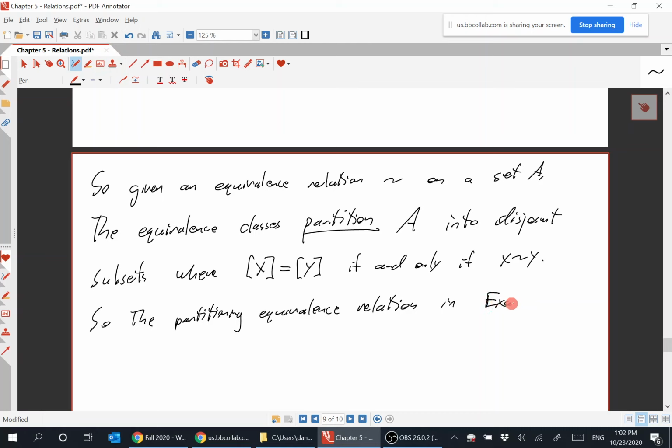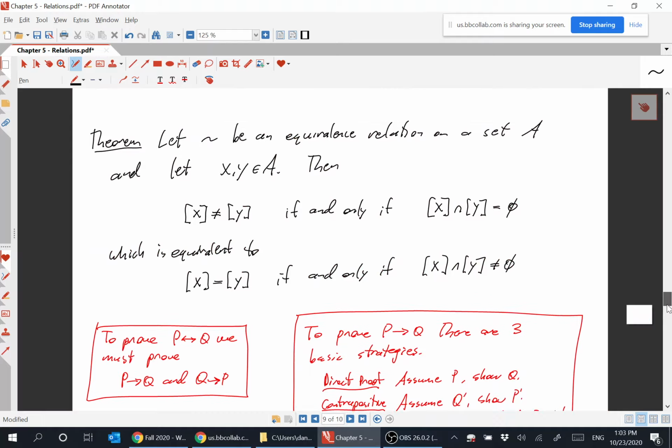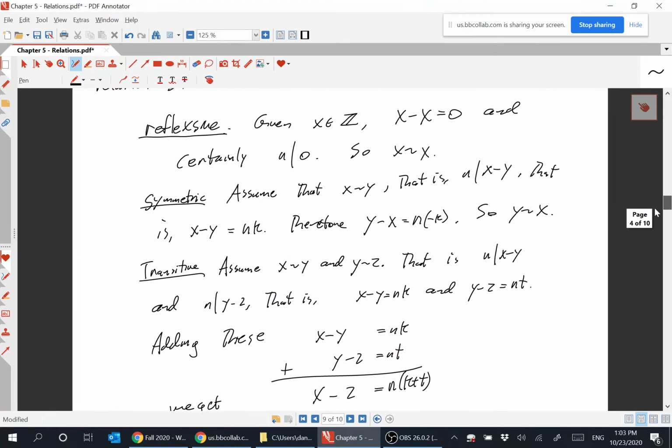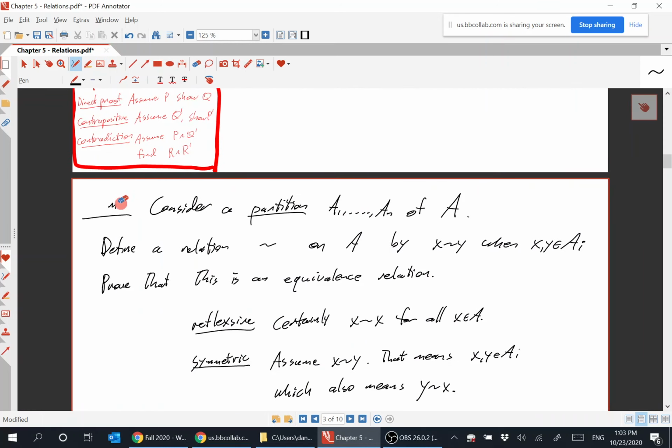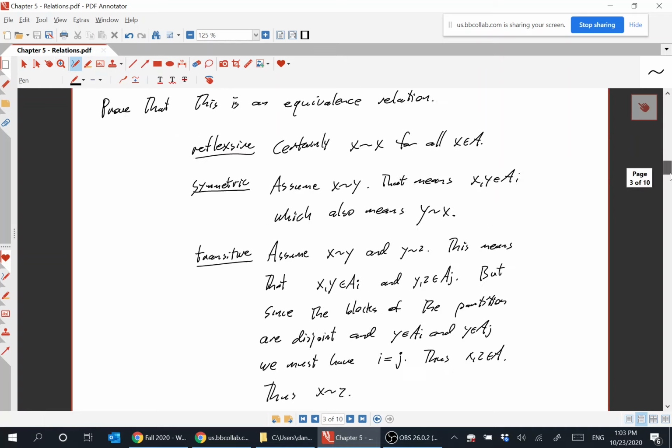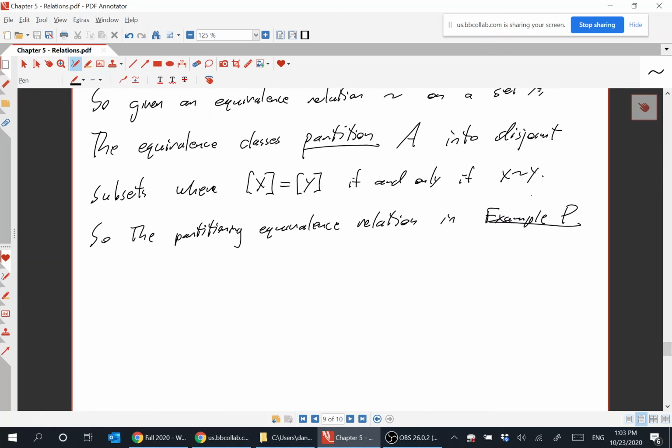In example, I guess we have to give it a name, example P. So P above is actually every equivalence relation.